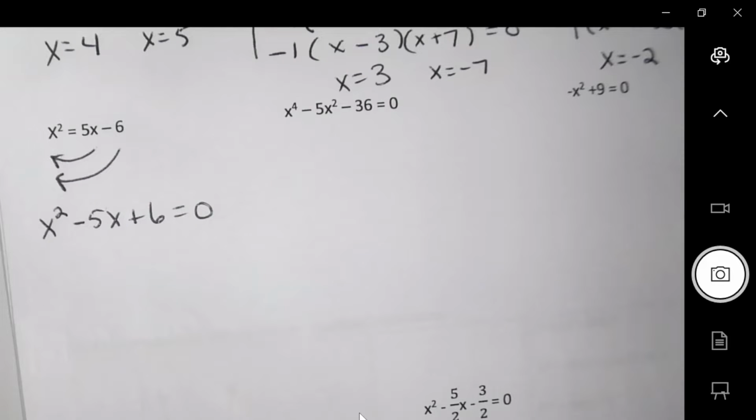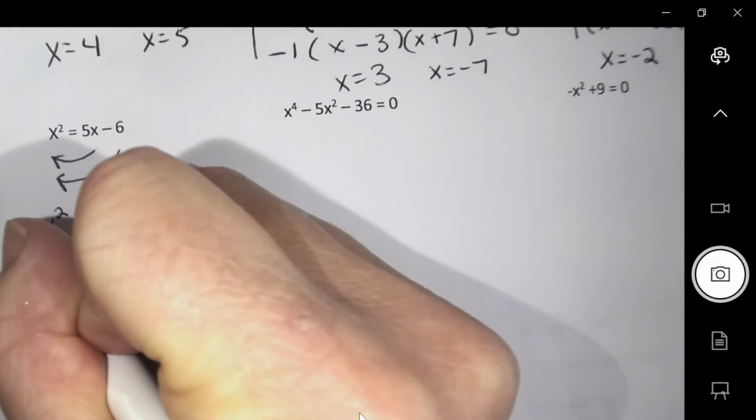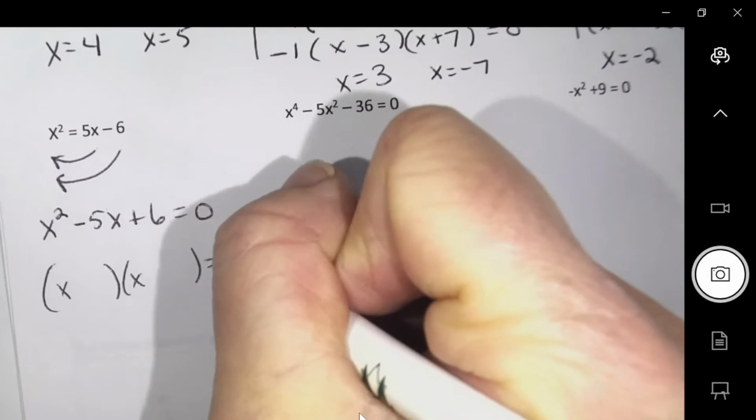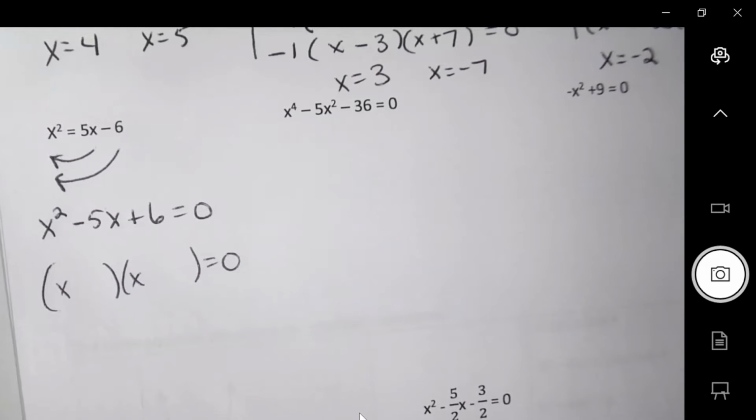Okay, simple trinomial, so x and x, that's what I'm recognizing. And I need you to be careful here, the 2 times the 3 or the 1 times the 5. And you have to think about it because it all depends on your signs. Because the 2 and 3 both do 6, 5. 1 times 5 also do, oh wait, 1 times 6. 1 times 6 also multiply to 6 and add to 5. So which one?